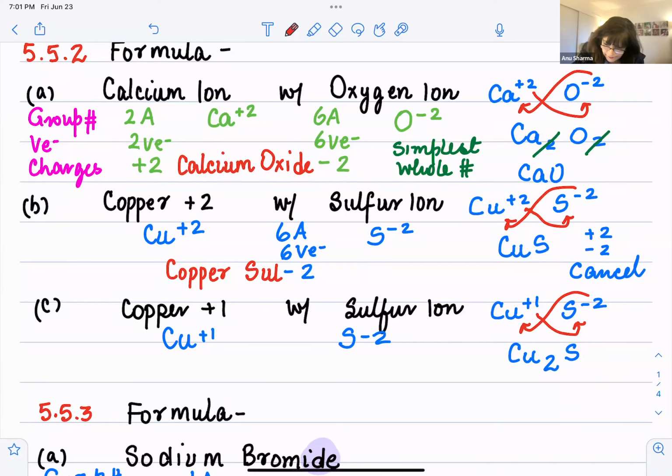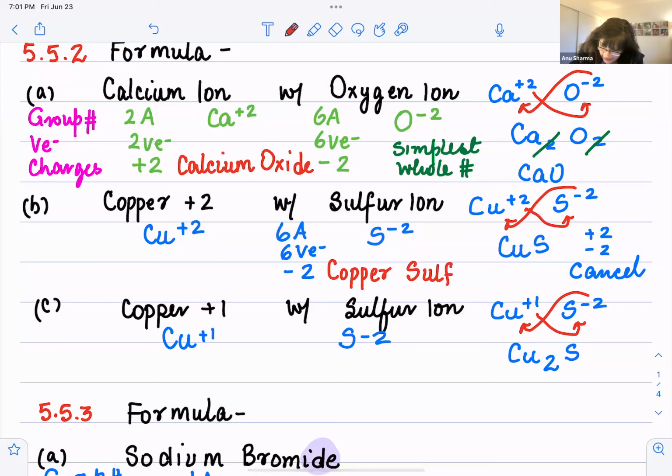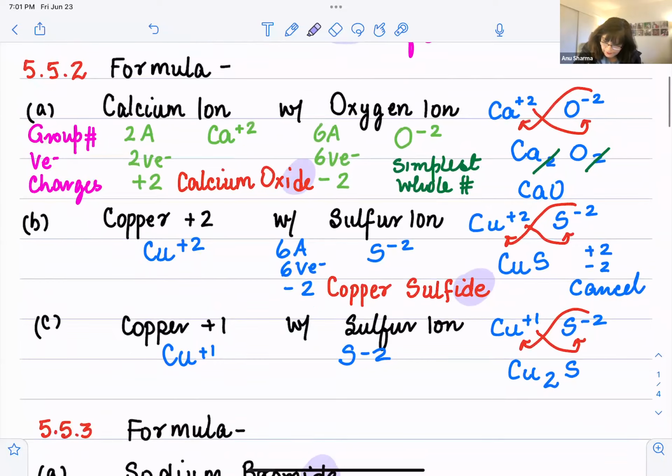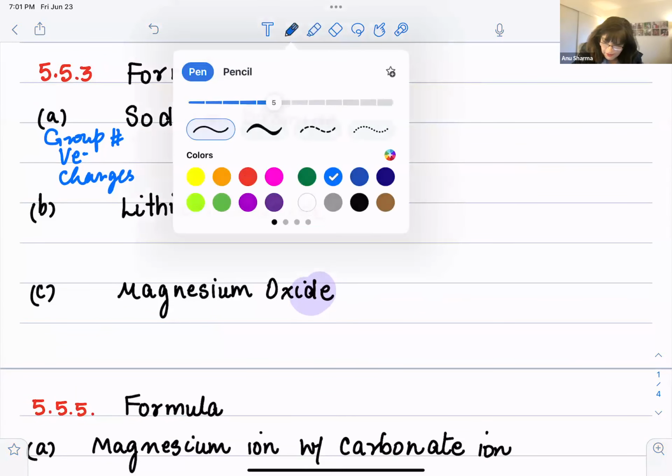The name is copper sulfide because it's just sulfur by itself, a non-metal by itself. So sulfide, IDE. You see the IDE always goes if there is a non-metal by itself connected to a metal.